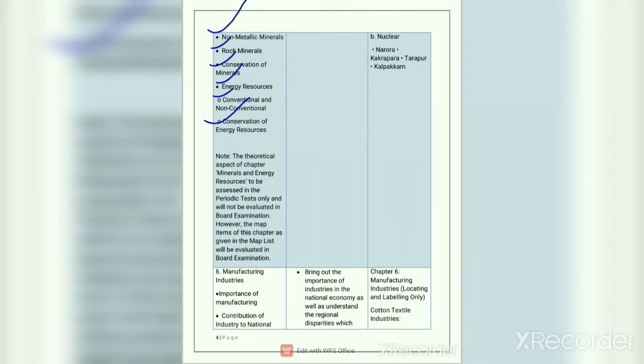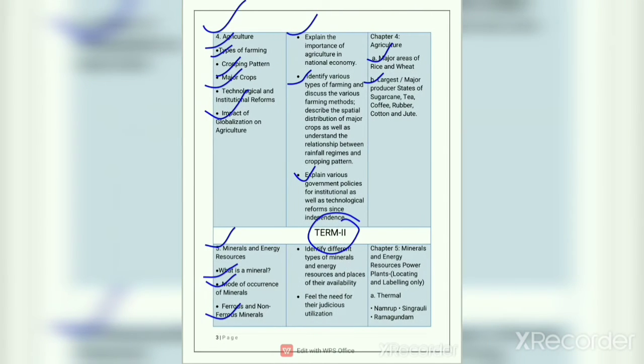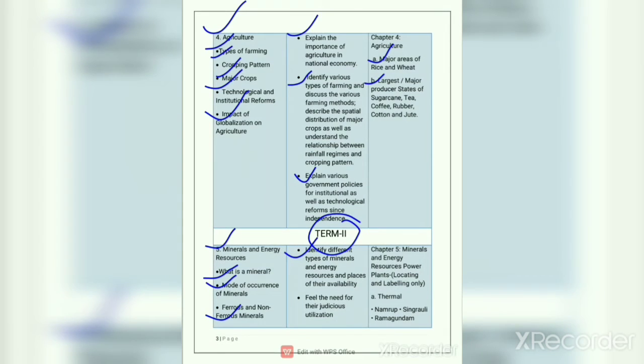of energy resources. So from this chapter, after reading this chapter you will be able to identify different types of minerals and energy resources and places of their availability. You will also be able to feel the need for their judicious utilization, and you will also be able to locate the following points on an outline map of India.